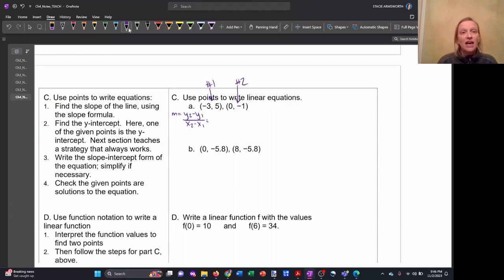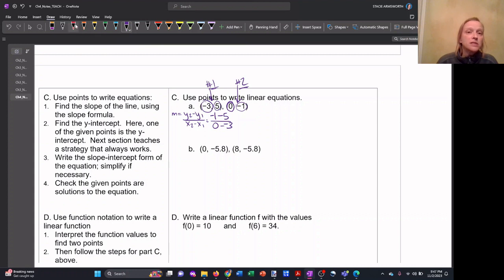So if I decide on the top here to do -1 minus 5, I have called this value my y value for point 2, and I've called this value my y value for point 1. So now I need to be consistent in the denominator. I need to make sure that I'm still calling this point 2. So this is the x value for point 2 and the x value for point 1.